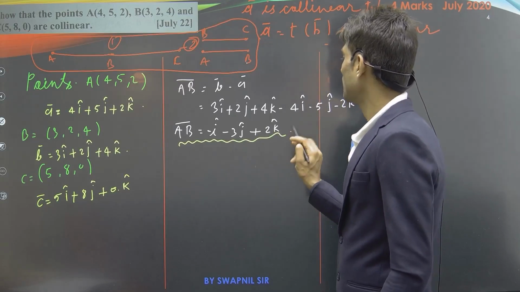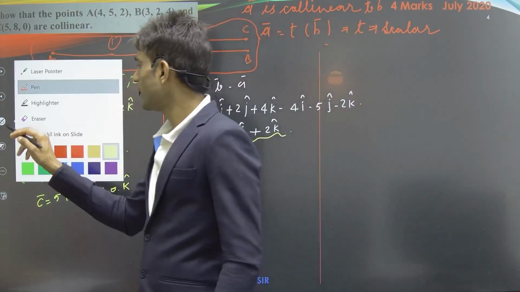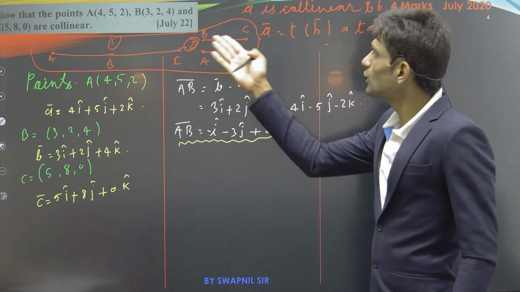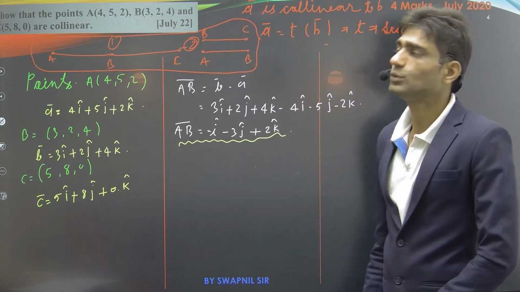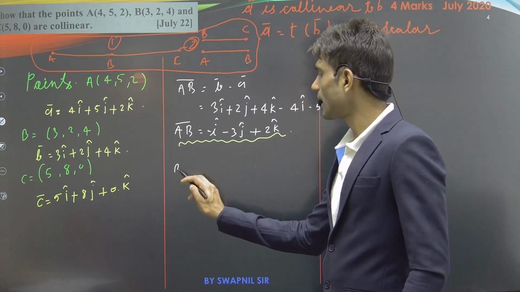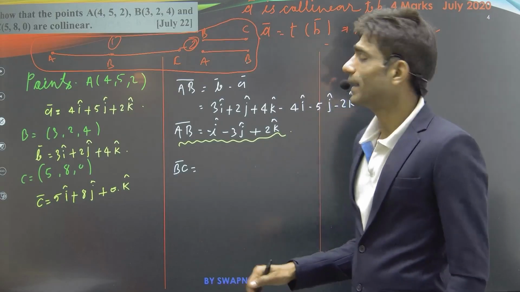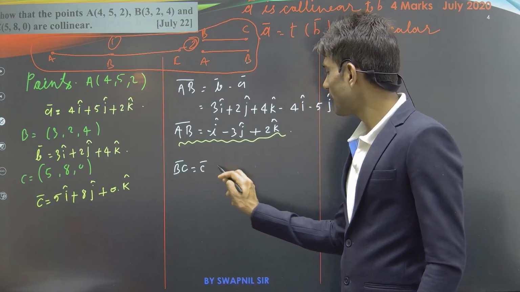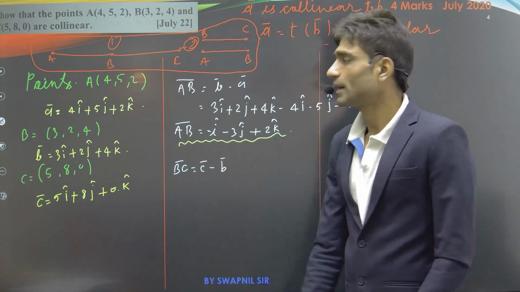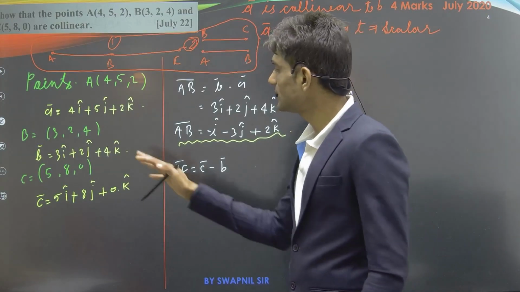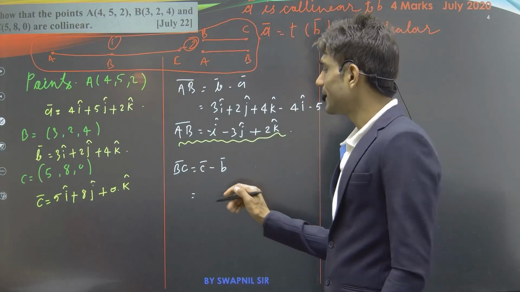Now let's go for the next vector. We have to find the vector BC bar. We can write vector BC bar as position vector C bar minus B bar. Now substitute the values for C bar and B bar. The value for C bar is 5 I cap plus 8 j cap plus 0 k cap.